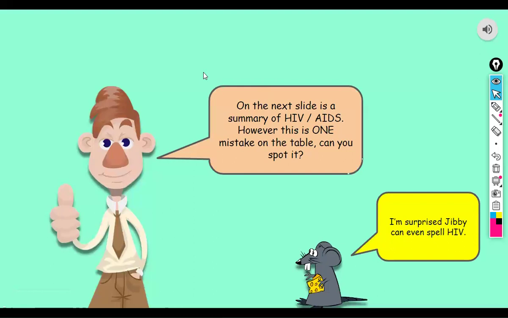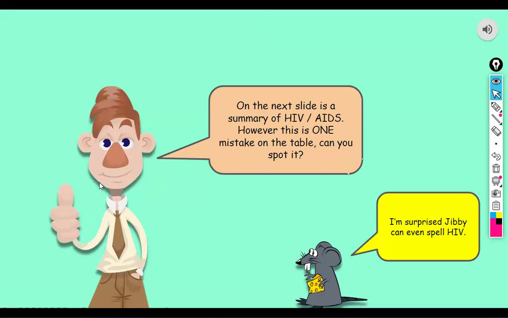Right. So every once in a while, GB is going to pop up. And we're going to take a little sidestep from the past paper to do some quick revision before we move on with the revision. So let's see what GB is telling us here. On the next slide is a summary of AIDS and HIV. However, I spelled something wrong here.